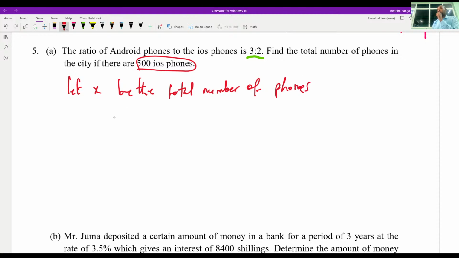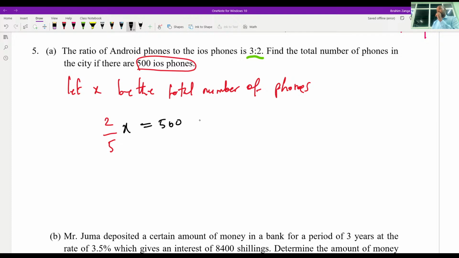So if that is the case, now the ratio corresponding to iOS is 2. So the number of iOS will be 2/5 multiplied by the total number of phones, which is X. Eventually you'll be getting 500.